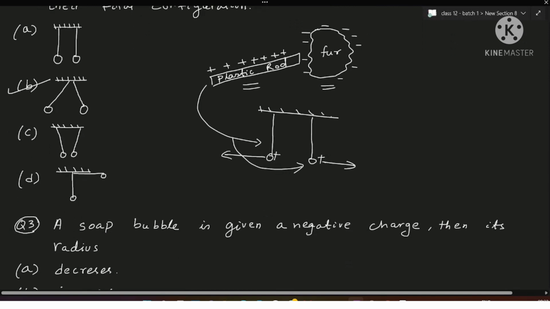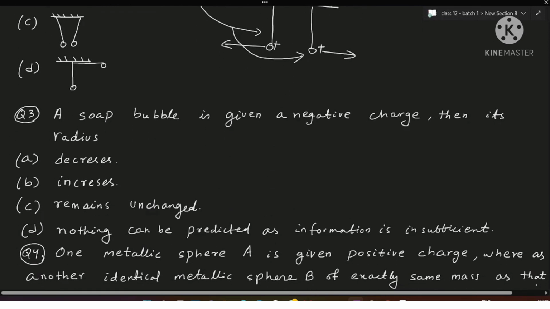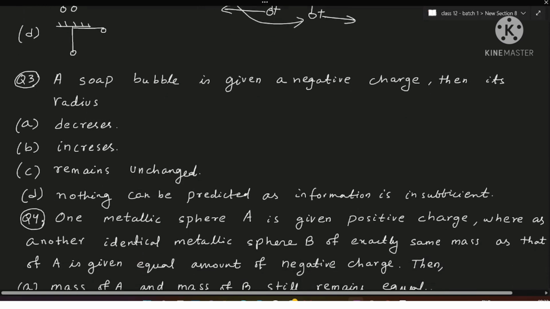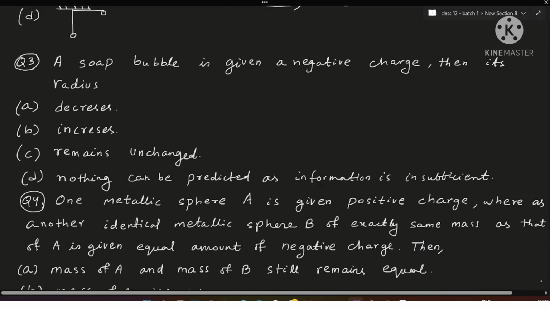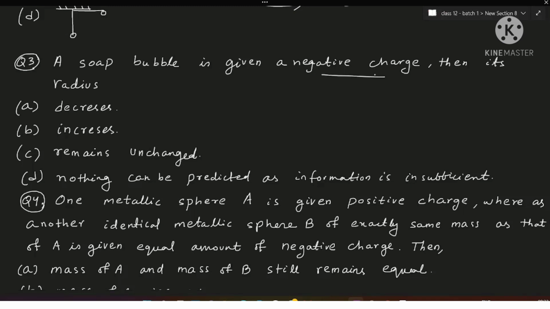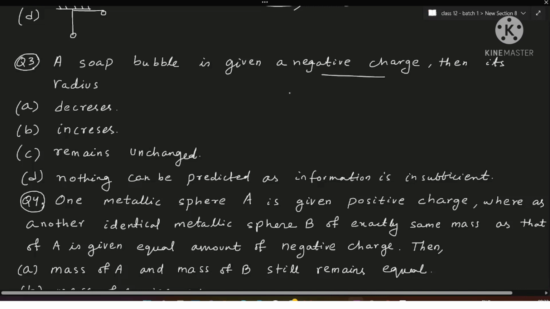Now let us move to the next question. So the next question is, a soap bubble is given a negative charge. Suppose we have a soap bubble and it is given a negative charge. Then will its radius decrease, increase, remain unchanged, or is the data insufficient? So let us see. Suppose this is a soap bubble. So when we give the soap bubble a negative charge, the negative charges get accumulated on the surface.